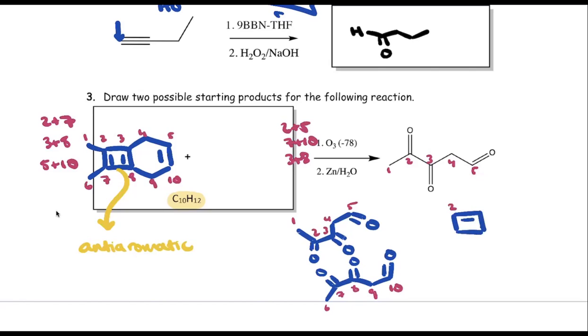Okay, here's 2, here's 5. 1, 2, 3, 4. You know that 4 has nothing on it, but then 3 is going to be double bound to the other compound. So this will be double bound to 8. All right, so you have that 3 double bound to 8, and then afterwards, you have 9, which has nothing, and then 10 and 7.